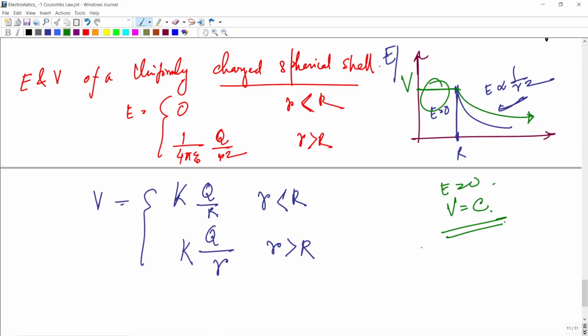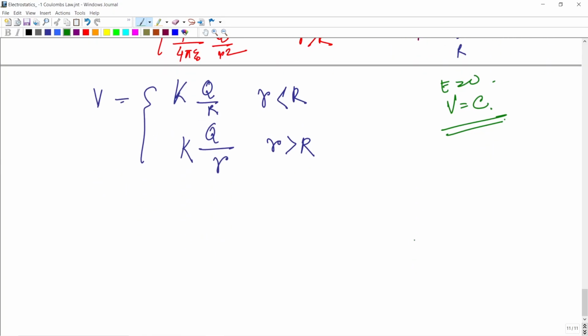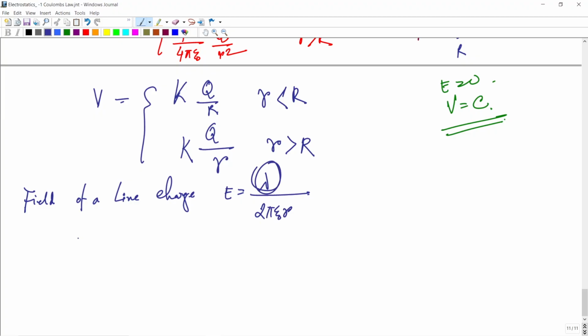Now the basic applications of Gauss's law. The first application is the field of a line charge, obviously the electric field: E equals lambda over 2 pi epsilon naught r, where lambda is the line charge density.